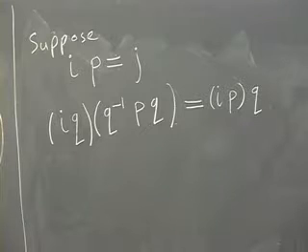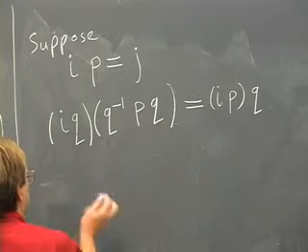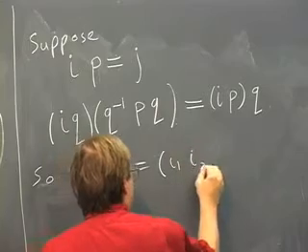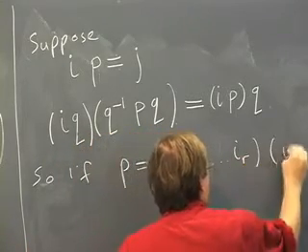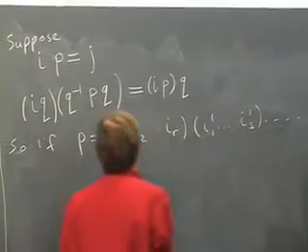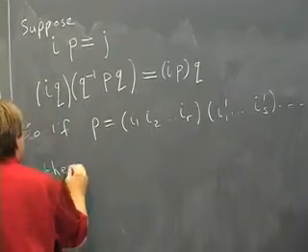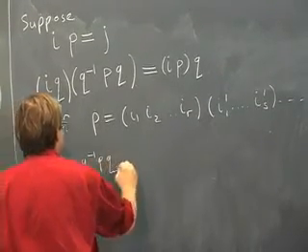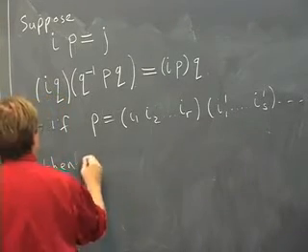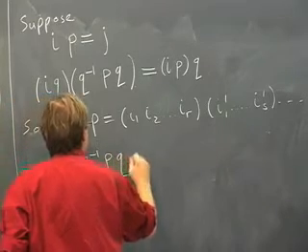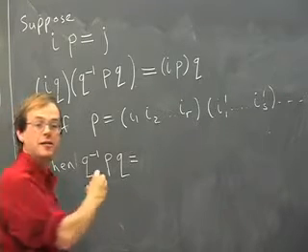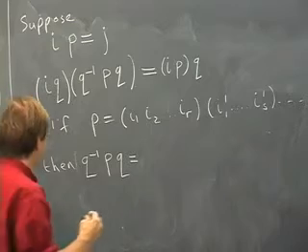And so if I have a cycle, so if P is of the form (I1 I2 ... IR)(I1' ... IS') and then some more cycles, then what's the cycle shape of Q inverse PQ? Sorry? I1Q, I2Q. That's right.